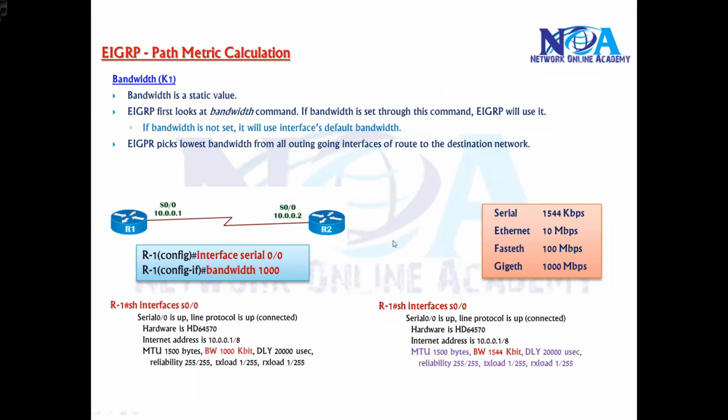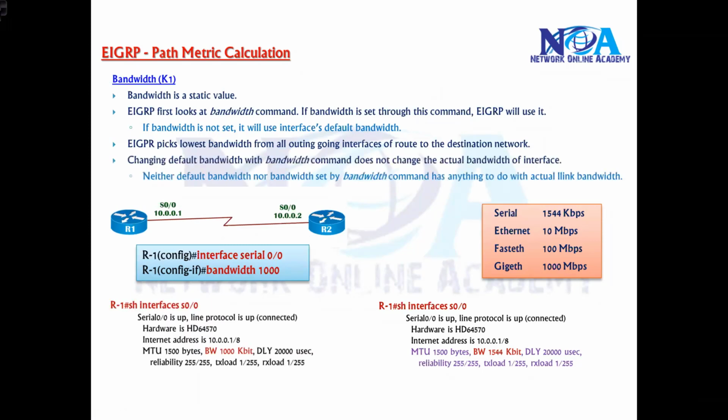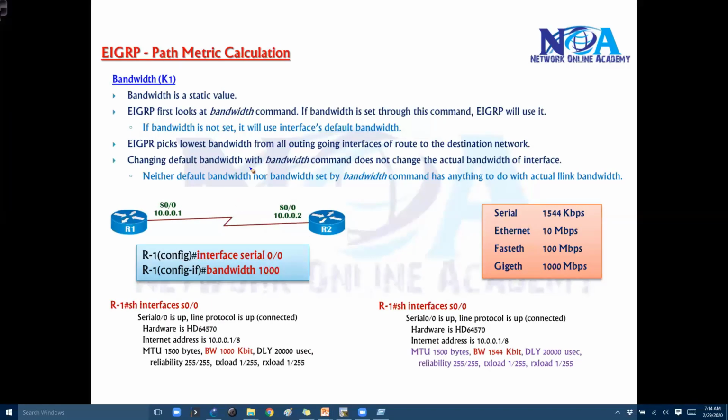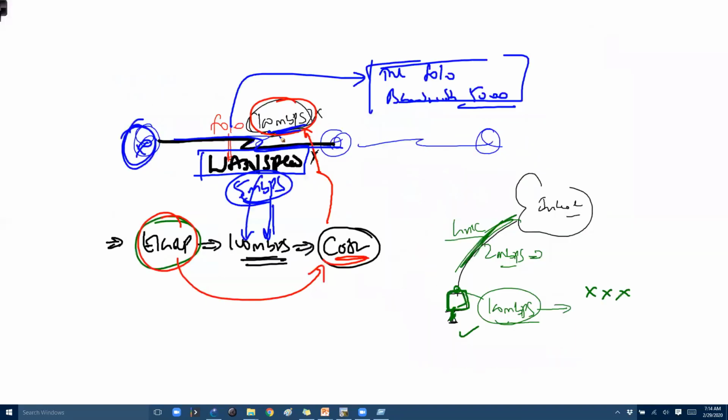And again, this is the same verification we did after changing. One more thing we need to remember is that changing the bandwidth command will not change the actual bandwidth on the interface. Like I said, if you just change the bandwidth to 5 Mbps, it doesn't mean that you get 5 Mbps of speed. The speed is controlled by the service provider.